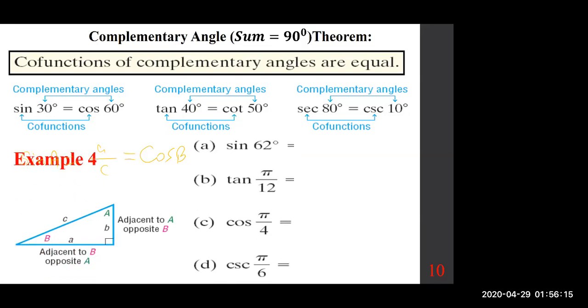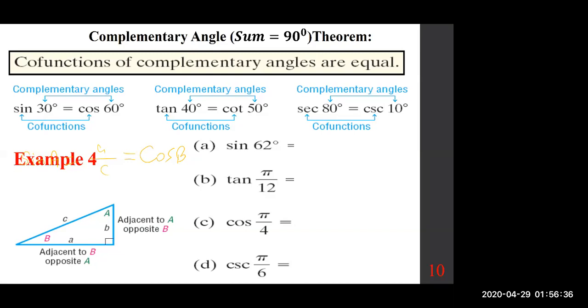So with that being the case, let's see if we can answer this question. Sine of 62 degrees, tan of pi over 12, cosine of pi over 4, cosecant of pi over 6. I want everybody to have a chance to answer each and every one of them. We'll discuss them in a moment.